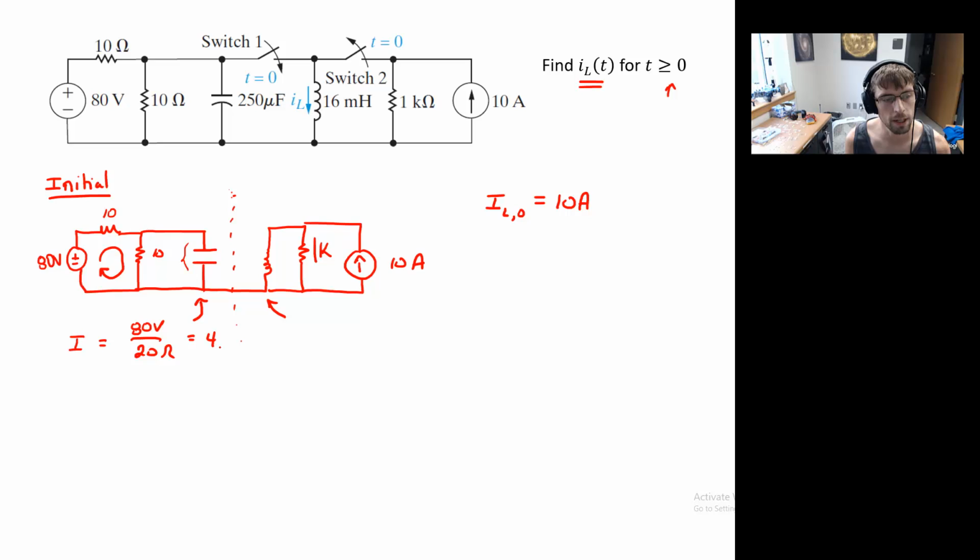So we have 4 amps sitting over here, which means the potential drop across the capacitor is the potential drop across that 10 ohm resistor. So I can put, excuse me, V C naught must be 40 volts.